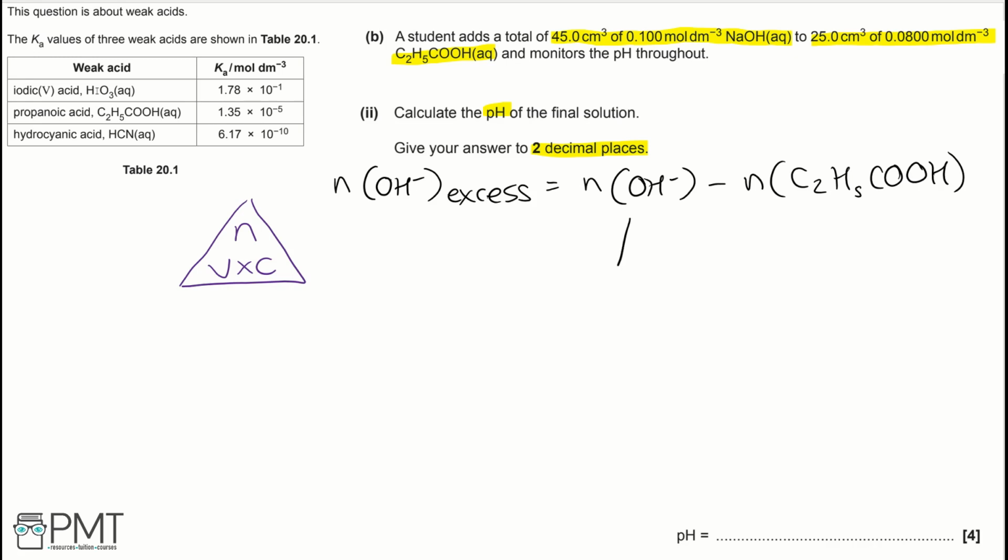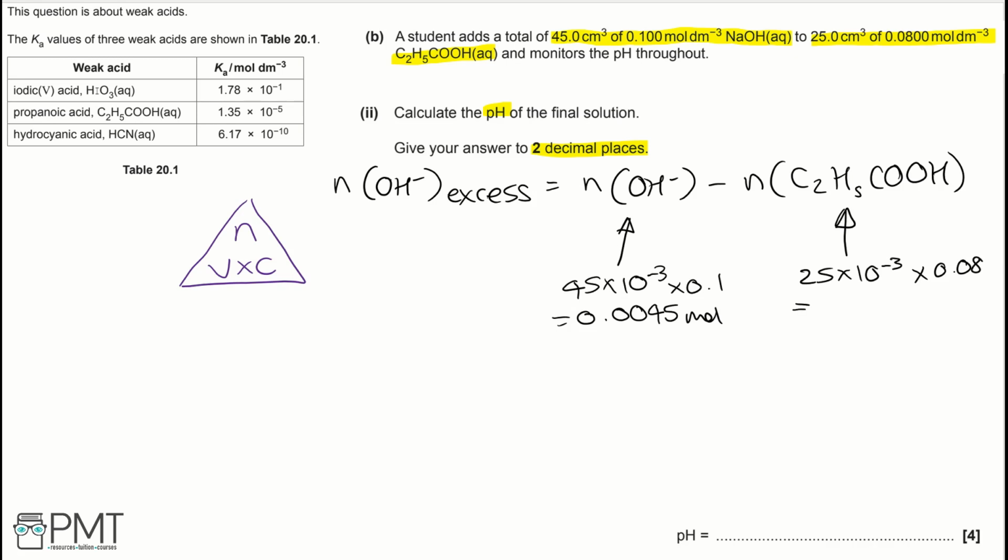So using the equation triangle, we would have 45 times 10 to the negative 3 times 0.1, so that's volume times concentration, and that equals 0.0045 moles of OH minus ions. Doing the same for C2H5COOH, that'd be 25 times 10 to the negative 3 multiplied by 0.08.